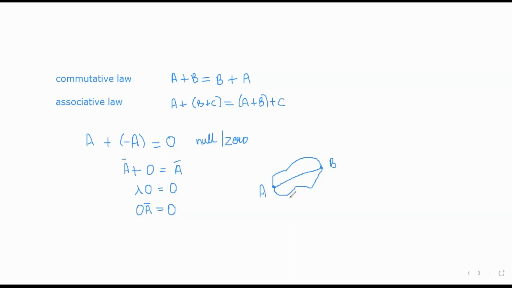In context to the null vector, suppose a particle goes from A to B through this path, where the arrow denotes it is going from A to B, and it again comes from B to A through another arbitrary path.